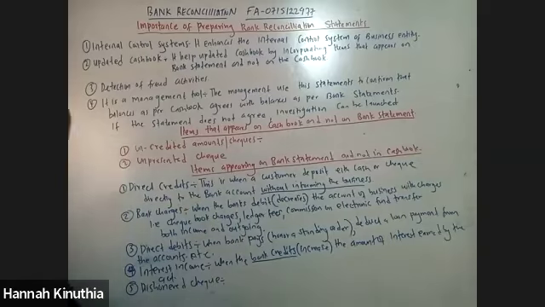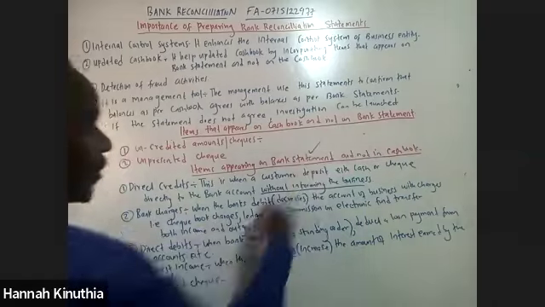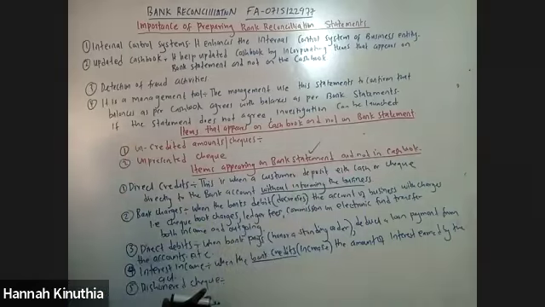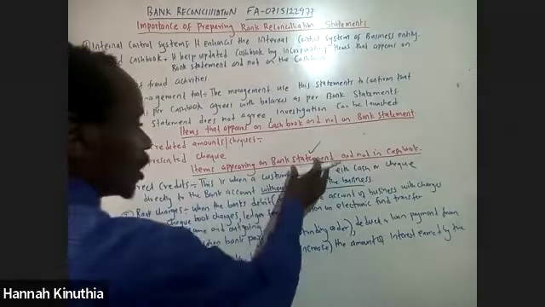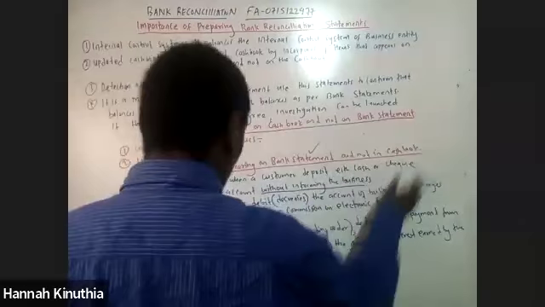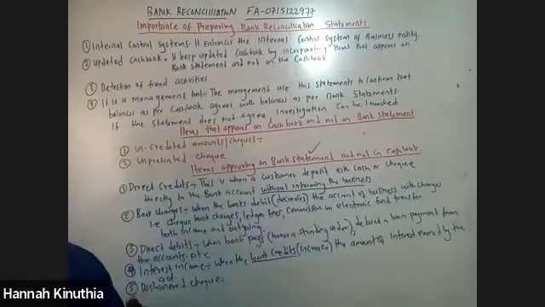This rejection only appears in the bank statement because the bank is the one which rejects the check, maybe because there is no money. So the check did not have enough money to pay that account, and the bank will dishonor that check. Once the check is dishonored, it will appear in the bank statement. Now it is the work of the accountant to make sure that that information also appears in the cash book. Number 6, and the last one.